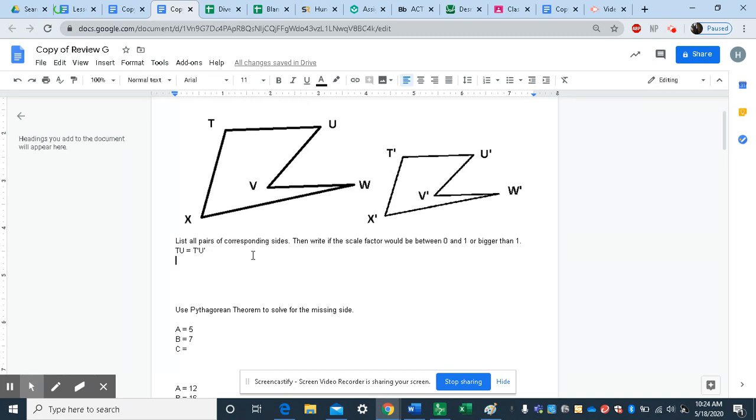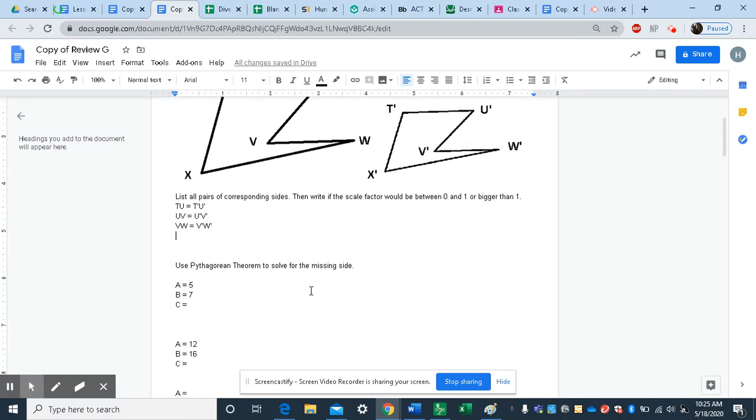We'll do two more, just so we're all on the same page. UV: they're the same figure, same shape, different size, so U prime V prime is the corresponding side to UV. Then VW corresponds to V prime W prime, in the same spots on both figures.